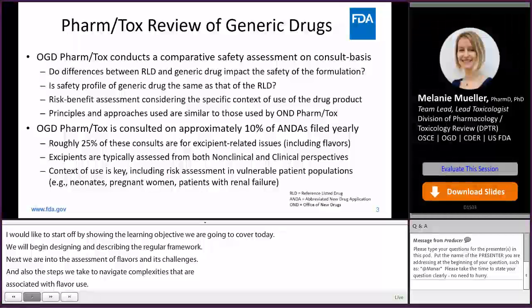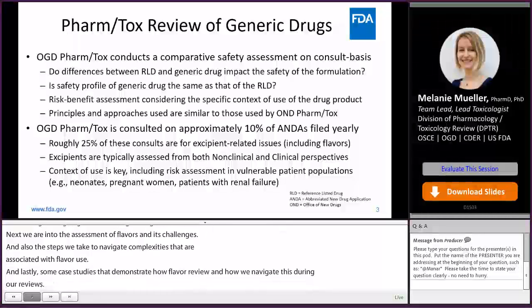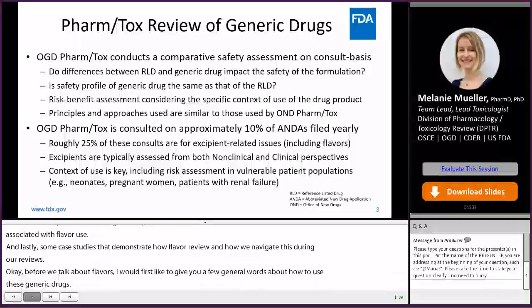Okay, before we talk about flavors, I would first like to give you a few general words about how PharmTox reviews generic drugs. In OGD, PharmTox conducts a comparative safety assessment on a consult basis. During our assessments, we ask questions such as whether differences between the reference listed drug and generic drug impact the safety of the formulation, and whether the safety profile of the generic drug is the same as that of the reference listed drug.